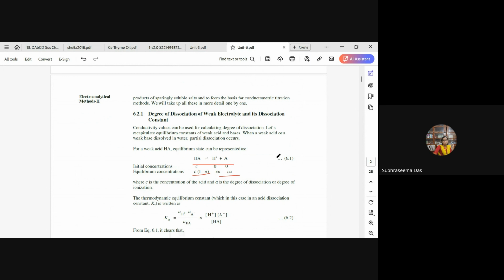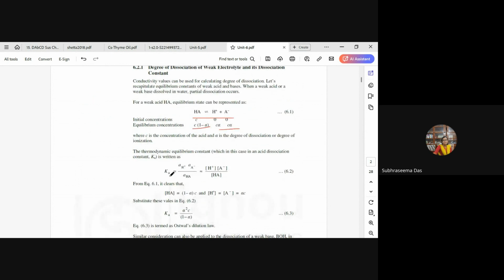We know alpha is the degree of dissociation or the degree of ionization. If we write the thermodynamic constant Ka, it can be written as the activity of H plus into the activity of A minus by the activity of HA, or in terms of concentration, H plus into A minus by the concentration of HA.